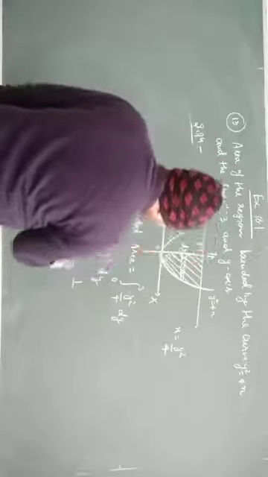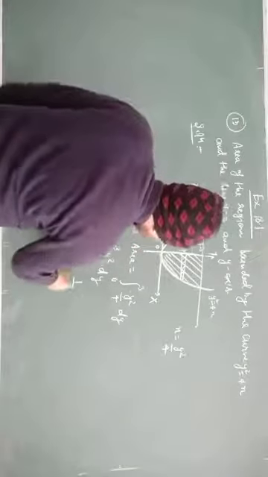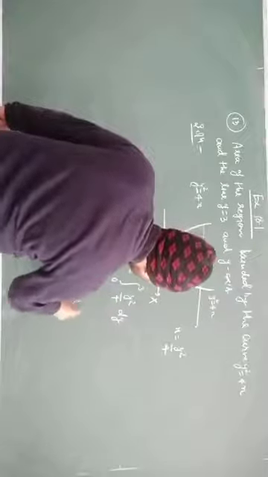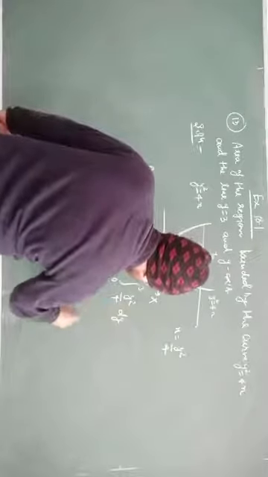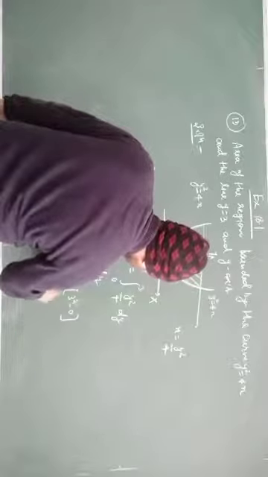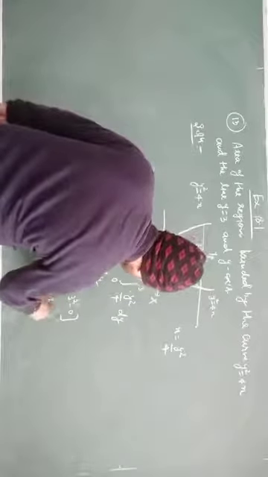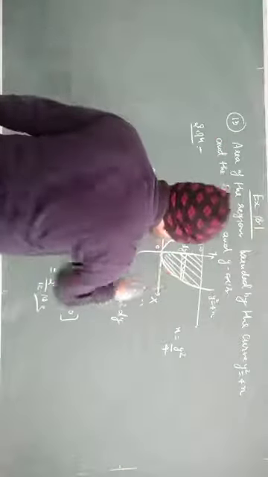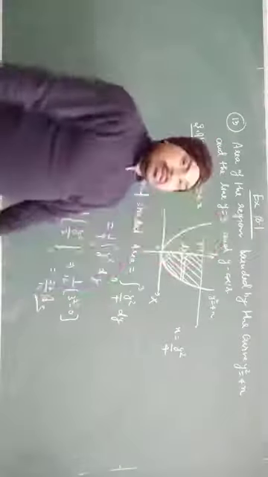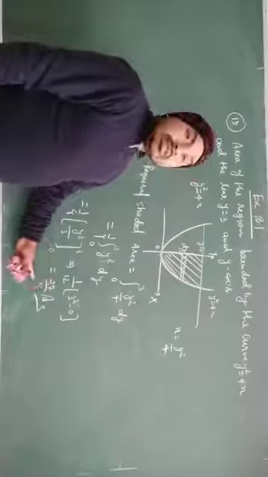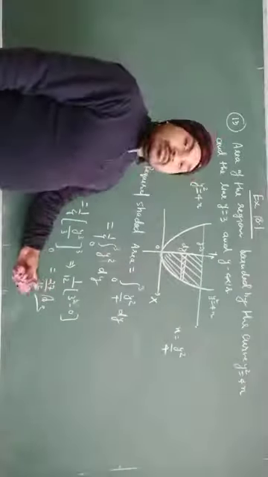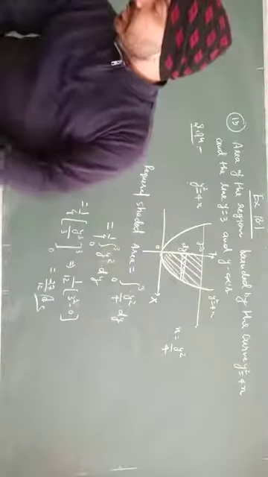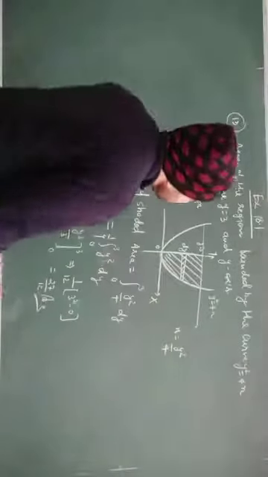After taking 3 common, 4 threes are 12, so 3 cube minus 0, which is 27 by 12. So the area of this required shaded region is 27 by 12. Both the numbers are divided by 3, so after simplification we get the final value. So, moving towards our next question.